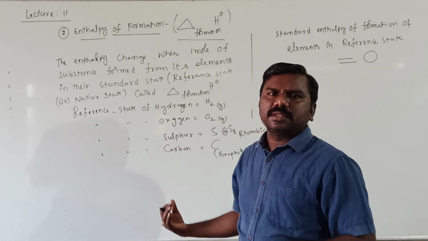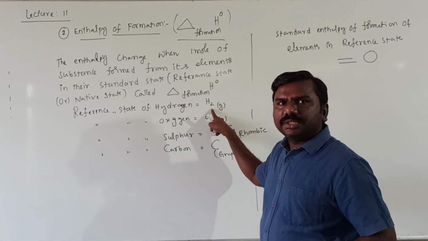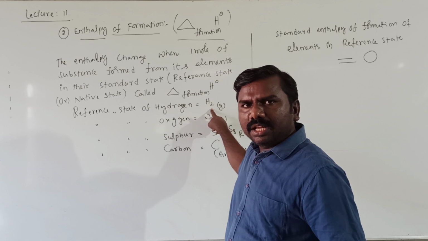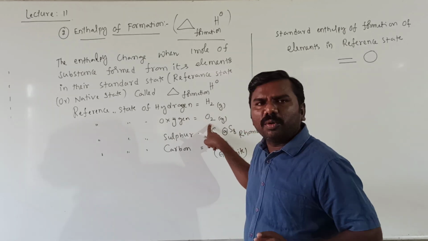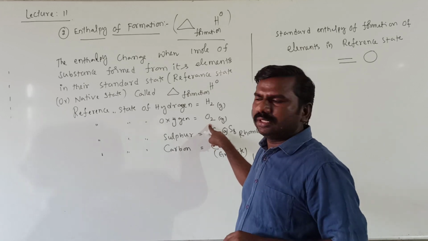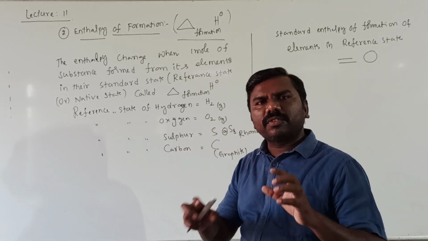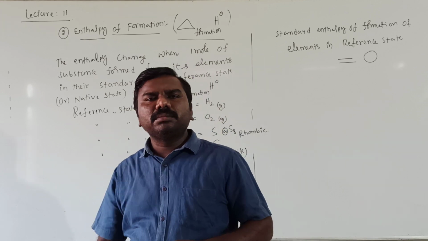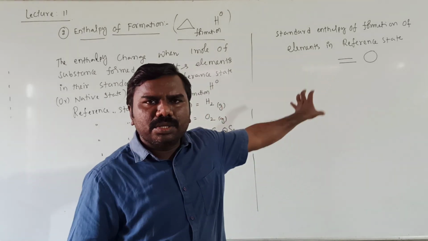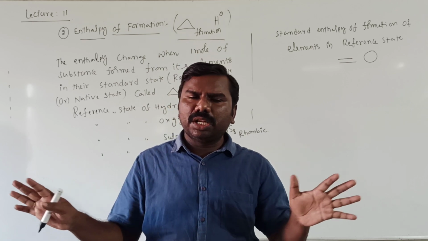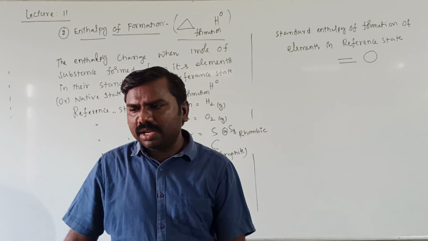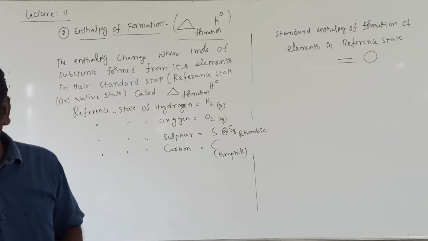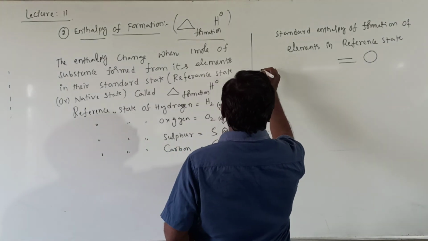The meaning is the enthalpy of formation of H2 gas will be 0. Enthalpy of formation of O2 gas will be 0. Enthalpy of formation of carbon graphite becomes 0. For these elements, during the formation there is no change in enthalpy. By convention, they have considered. So for elements, the standard enthalpy of formation we take as 0.